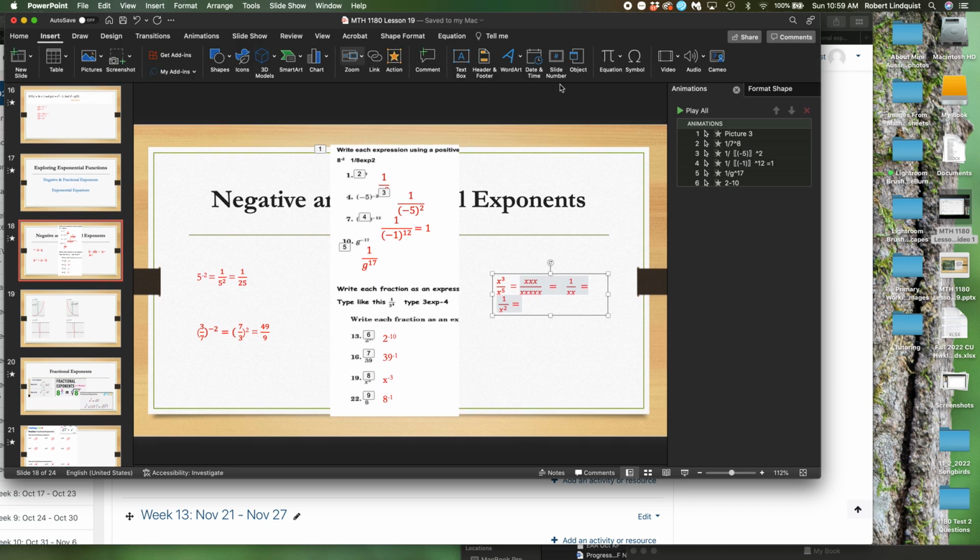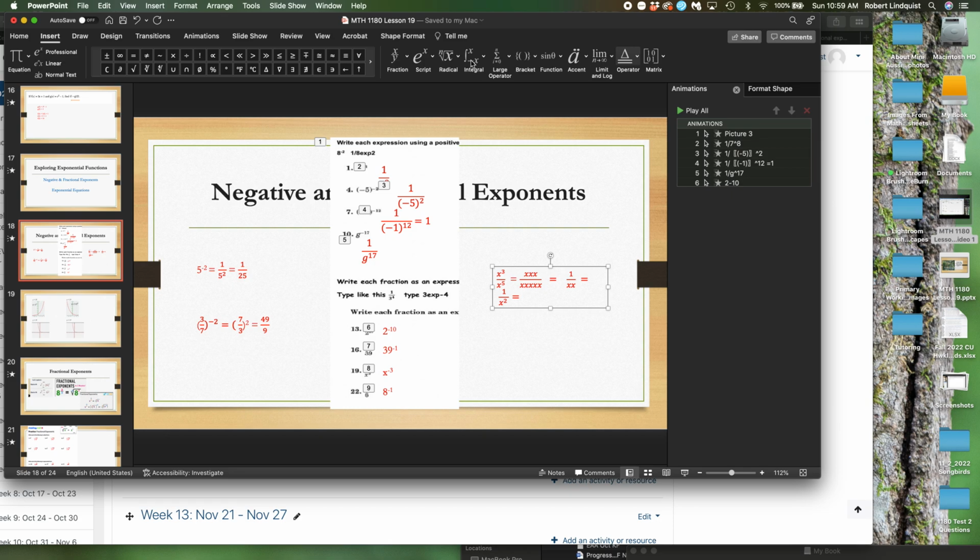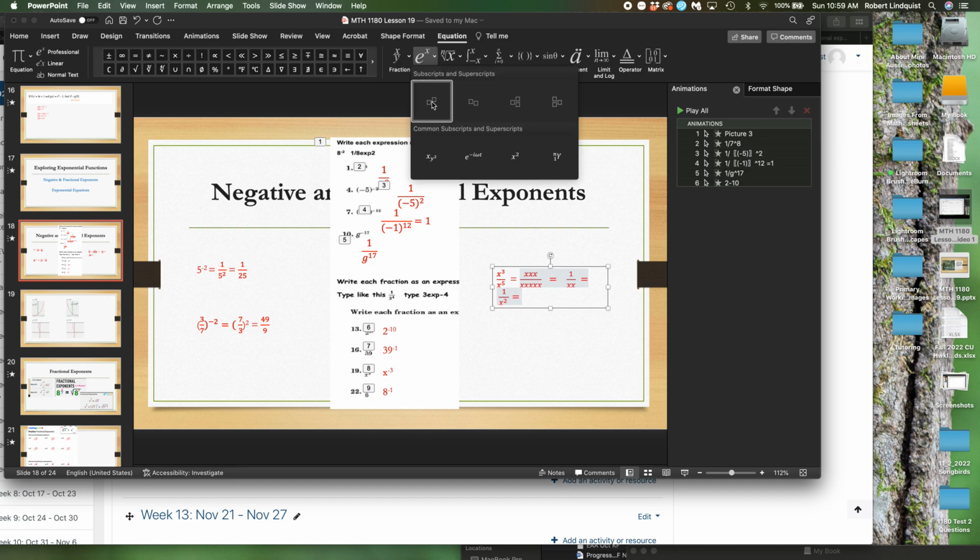Come on, my computer's running a little slow here, which is why I will have a new one pretty soon. Come on. Oh, this is what I want. Now you see exactly why I make these mistakes sometimes.